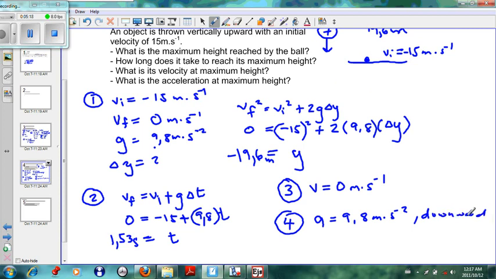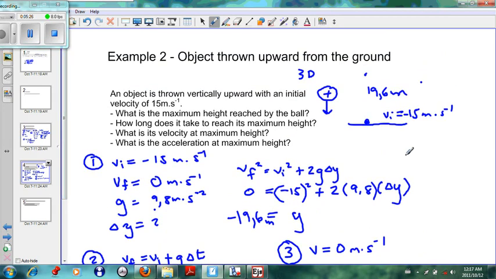So although the object stops in terms of its velocity, gravity is pulling downwards at 9.8 meters per second squared throughout its motion. That is very important. So this is a basic sum related to an object being thrown.